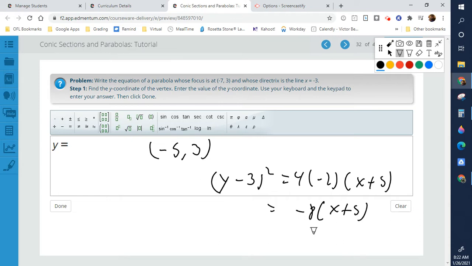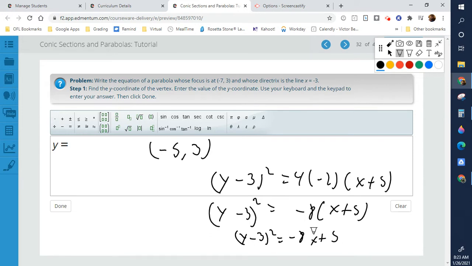I'm going to distribute that -8. Oops, hold on. Got a little ahead of myself here. I'm going to distribute that -8 and I get y minus 3 quantity squared equals -8 x plus 5.